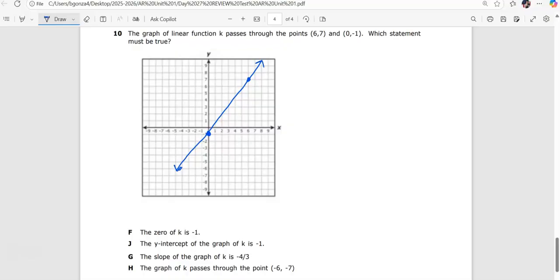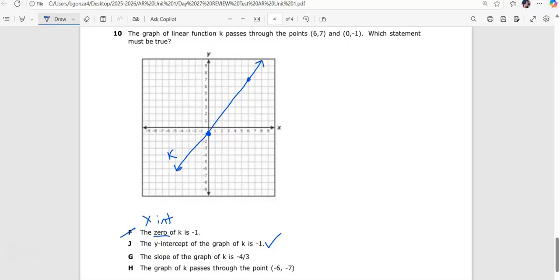The zero of k, this is line k, is -1. Now 0 is an x-intercept, and it's not here at -1, so that's not it. Is the y-intercept -1? Yes, that's great. Is the slope of the graph -4/3?